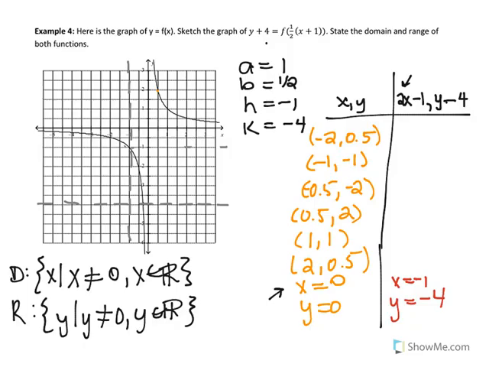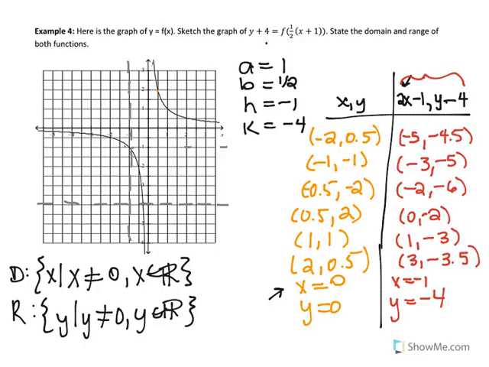Now I want you to pause the video and fill in this chart for the remaining points being manipulated with this. Okay, these are the points that you should have gotten. Now we can plot. So we have negative 5 and negative 4.5. It's right there. We have negative 3 and negative 5.